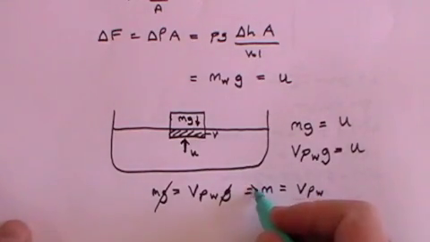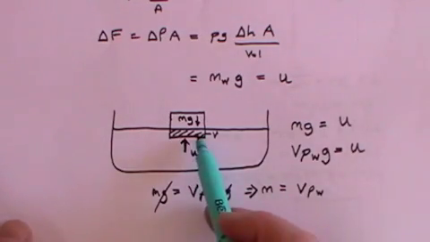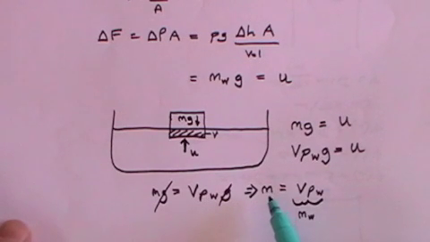Mass of the object is equal to the volume of water displaced times the density of that water, but that of course is just equal to the mass of the water displaced. And so we deduce that for a floating object, its mass is equal to the mass of the fluid that has been displaced. And that's a necessary condition for the object to float.